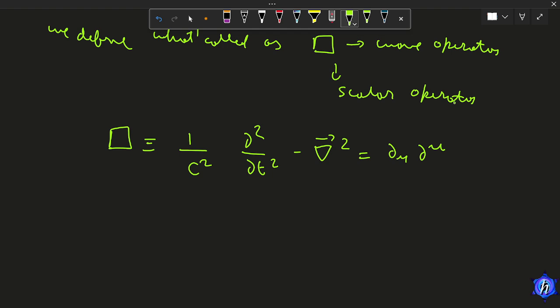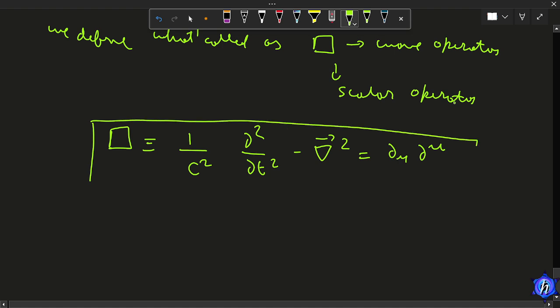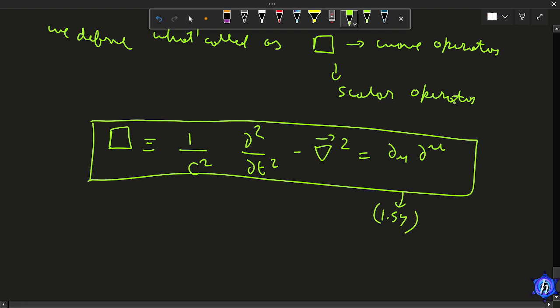These are operators, right? They are individually operators, and the indices are contracted and they give you a scalar quantity. Thus, they are called the scalar operator. This is a very important operator that we will definitely use in the ongoing QFT course. This is equation 1.4. This is very important.